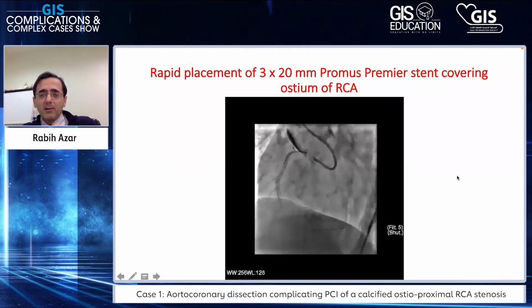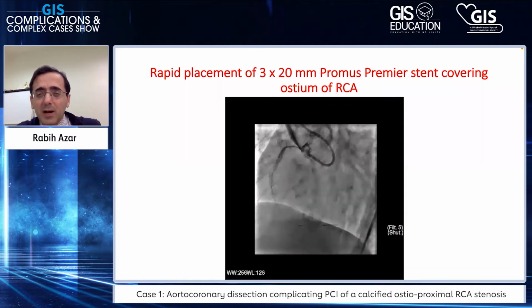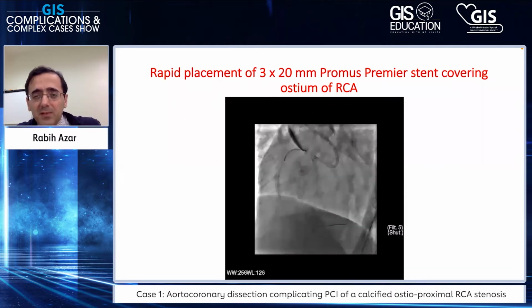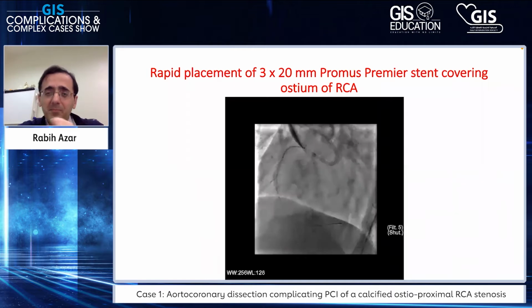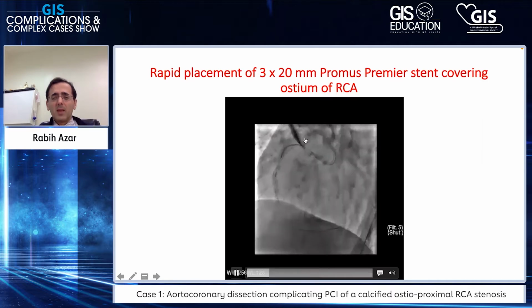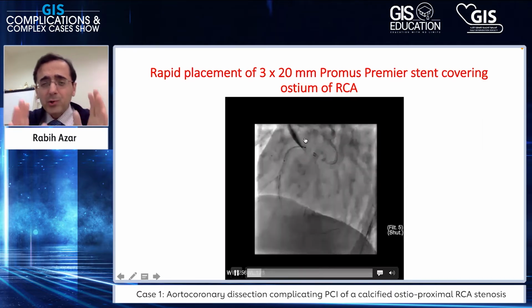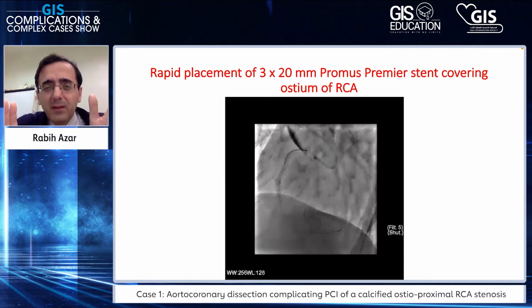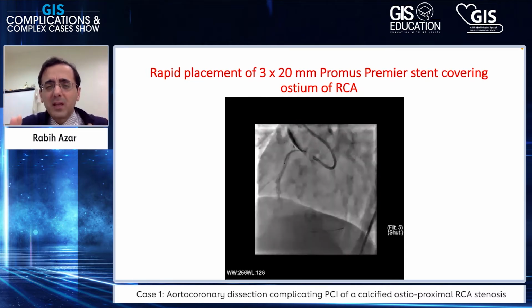And we were aware that we have a dissection that extended from the RCA, from the ostium of that vessel, to the aorta. And this is the staining here in the aortic wall. So we were fortunate that this patient remained hemodynamically stable. And here, what you have to do, we have to stay calm.